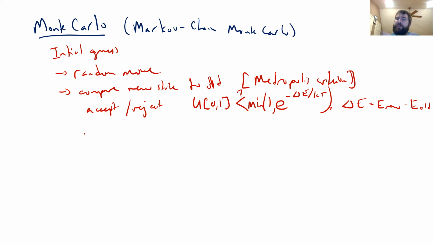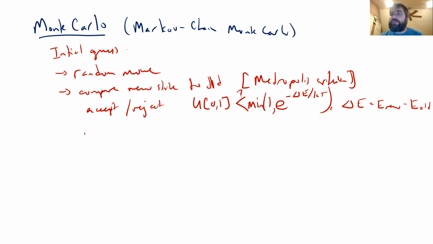Now, in the context of protein structure prediction, we did this with random moves that just involved changing a dihedral angle or a few dihedral angles, or changing a bond length or a bond angle, changing something about the structure only.